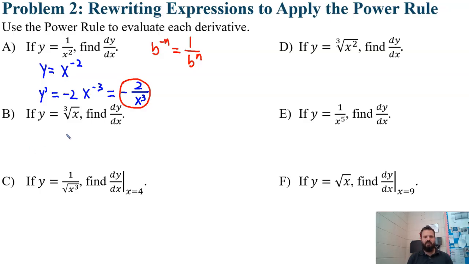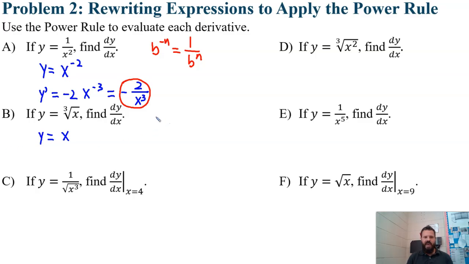All right, kind of same idea with b. If y equals the 3rd root of x is our function, we want to find the derivative of y with respect to x. My first step is going to be rewriting y in terms of just x raised to a power. And for this one, I'm going to use my rational exponents.